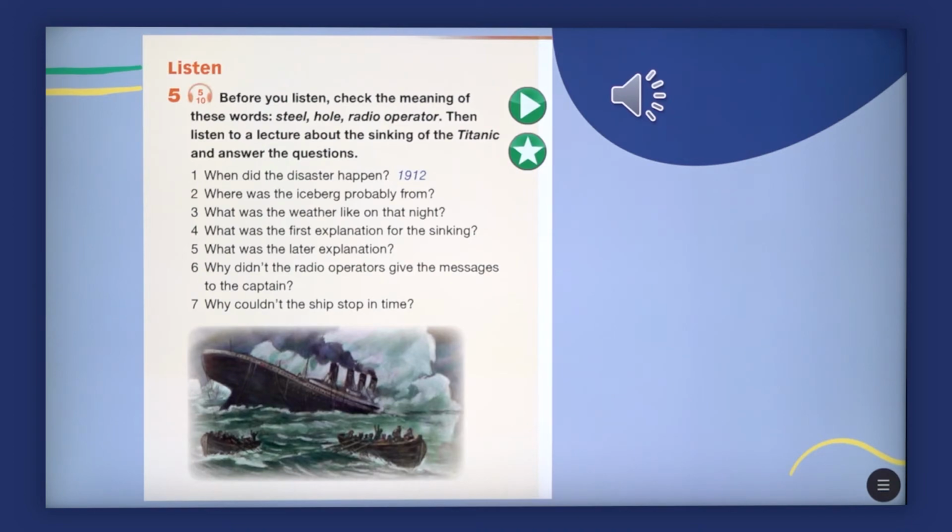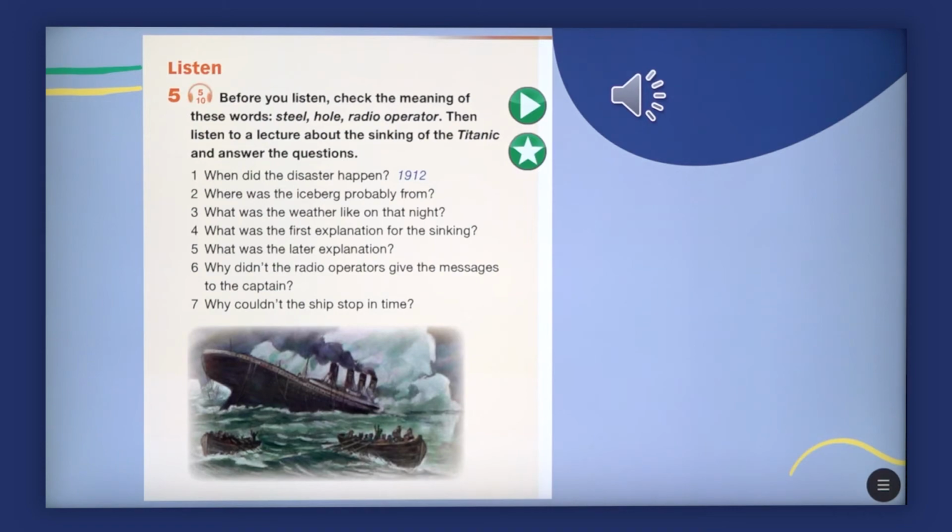Unfortunately, they didn't give these messages to the captain because they were too busy sending messages from the passengers to their friends and families. When the ship's sailors finally saw the huge iceberg, it was only a short distance from the ship. The captain tried to stop the ship, but it was too late. The ship was too big to stop or turn in time.